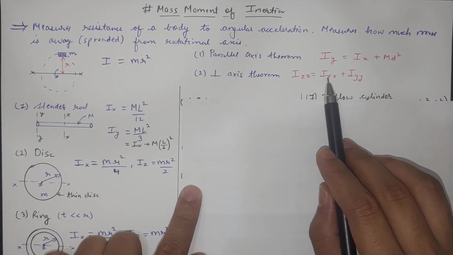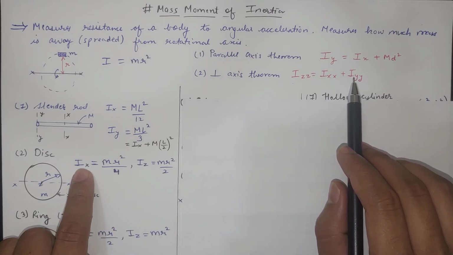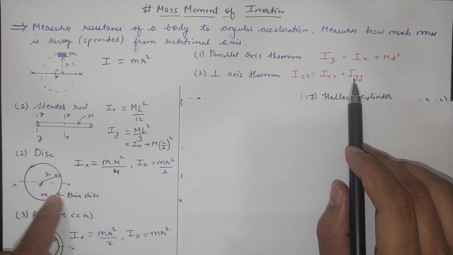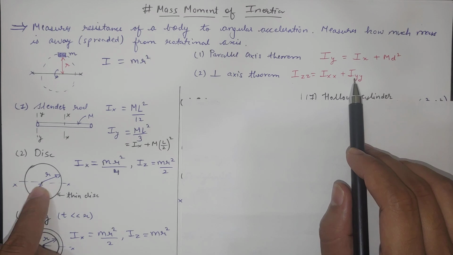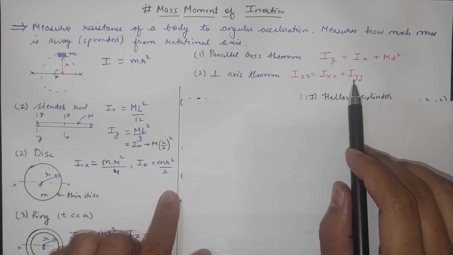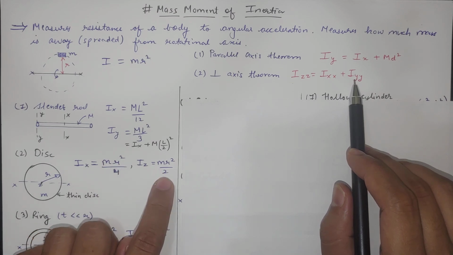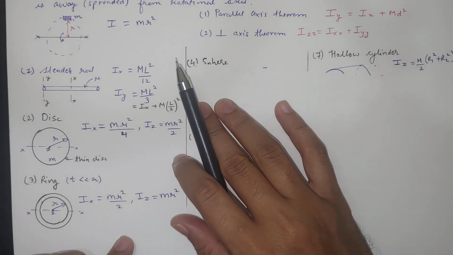From the theorem, Iz will be 2 times Ix, with Ix and Iy being the same because it's a symmetrical circular disc, so any diametral axis is the same as xx. So mr square by 4 into 2 is equal to mr square by 2.